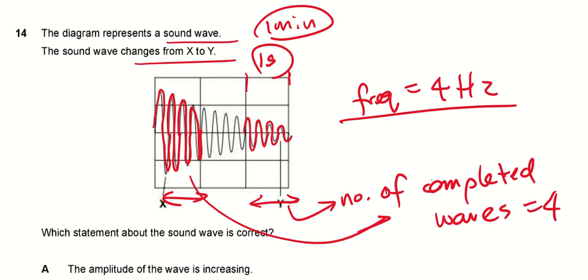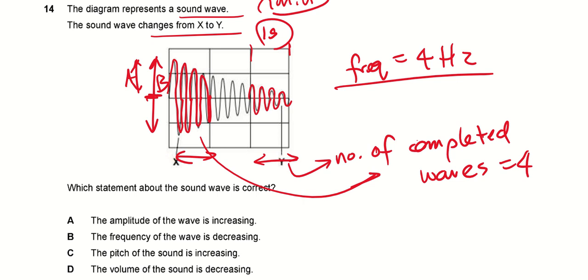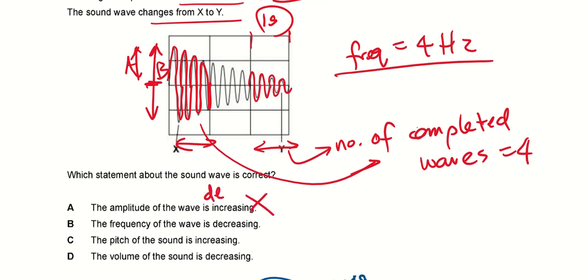How about the amplitude? Is it from here to here or here to here? A or B? A. So the amplitude of the wave is actually decreasing. How about the frequency?